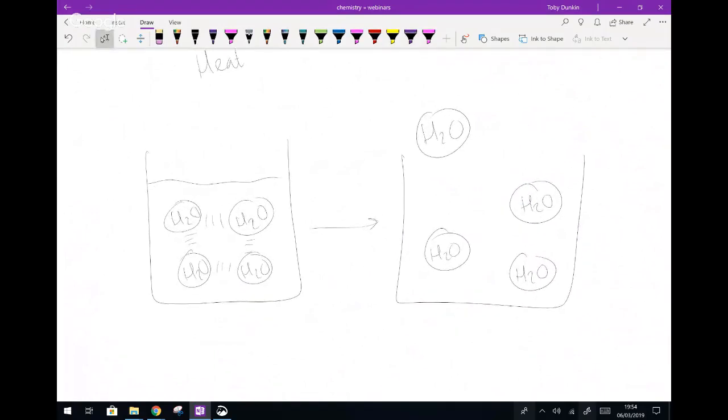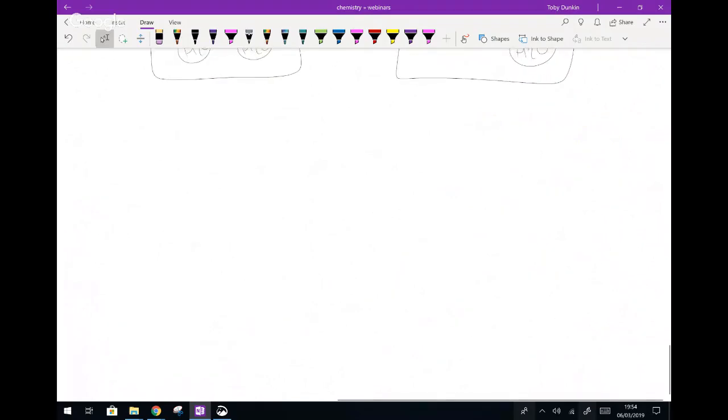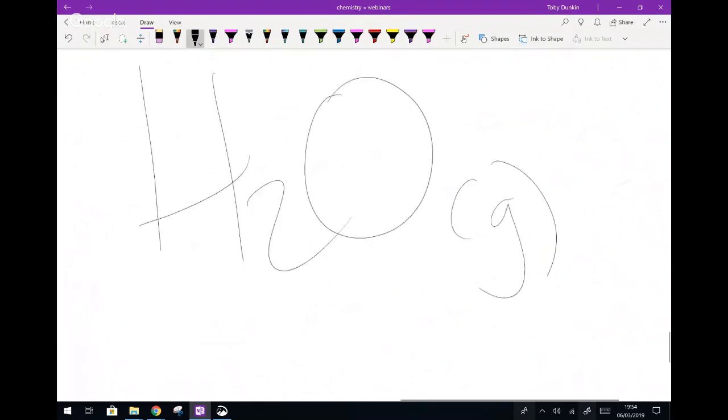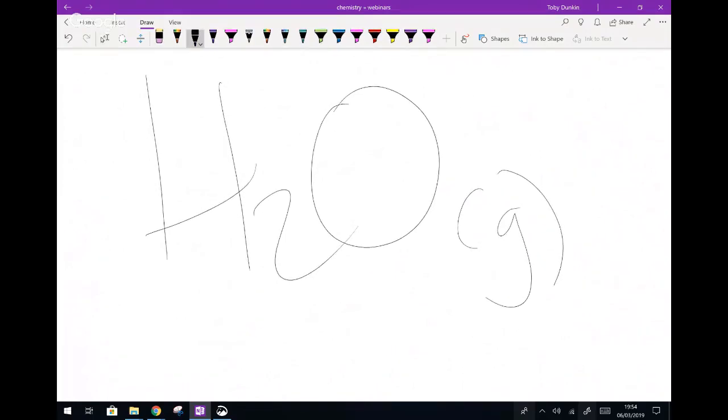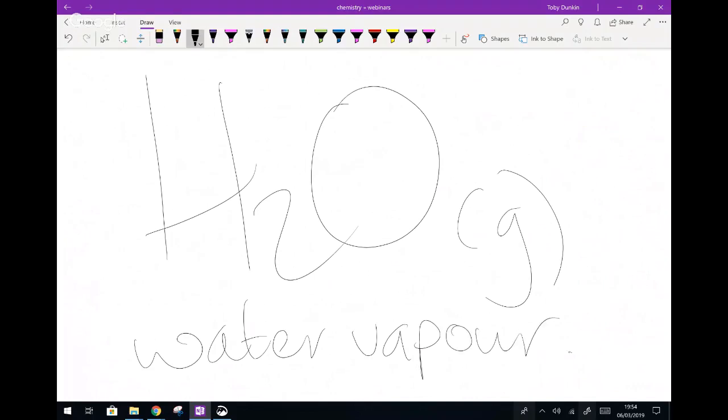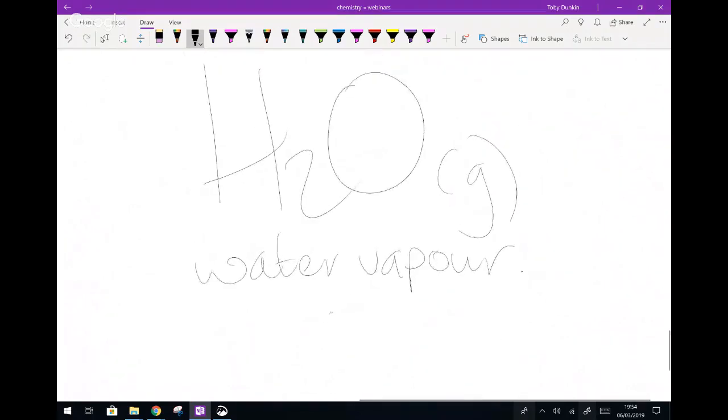Will I lose a mark if I say steam instead of H2O gas? They actually, Lucas, they love to ask about steam. So H2O gas has two names. Number one, water vapor, and the other is steam.